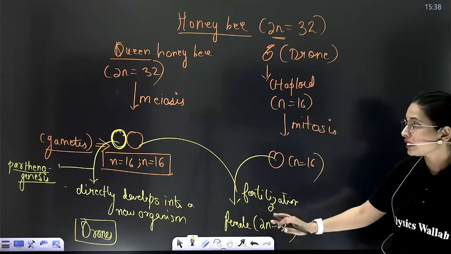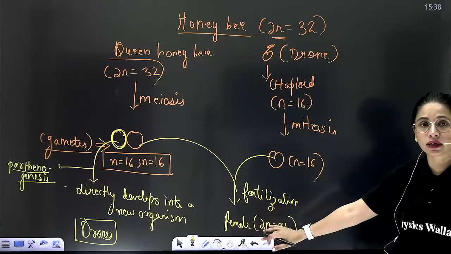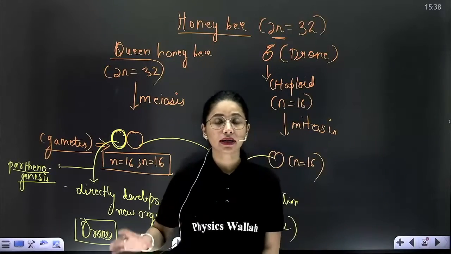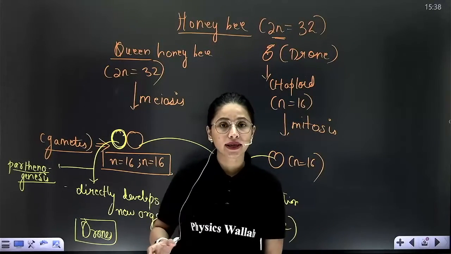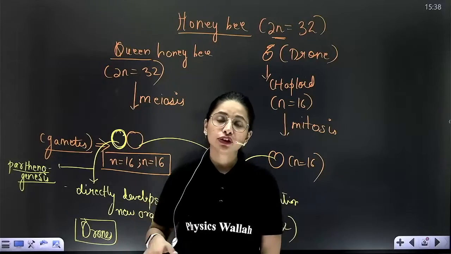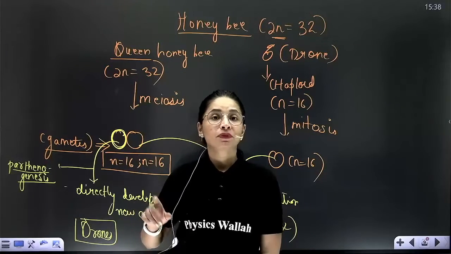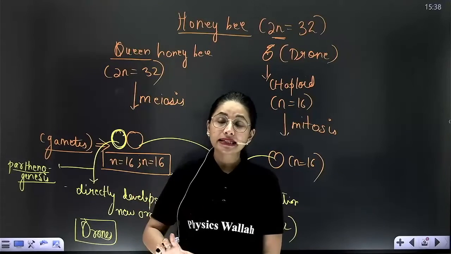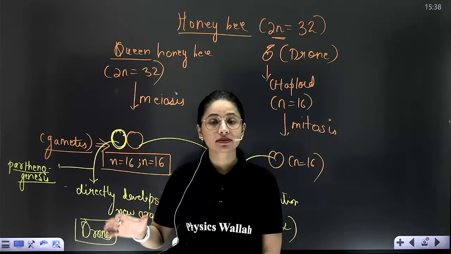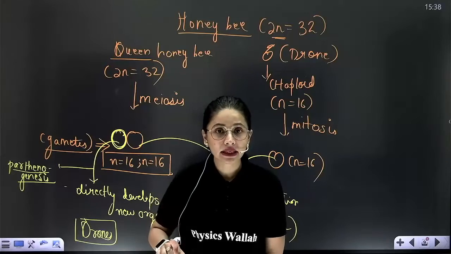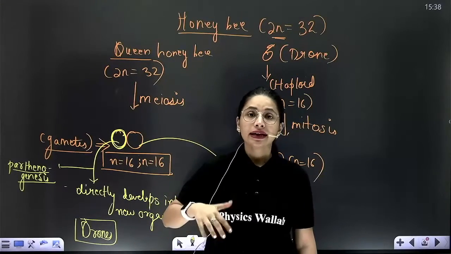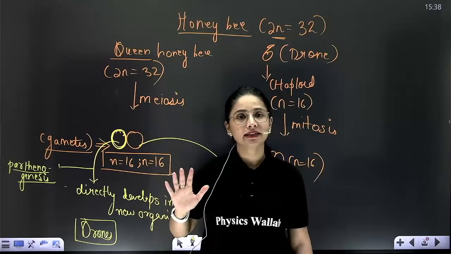So now can you understand why it is known as haplodiplontic? In case of honeybee, sex determination is haplodiplontic because males are haploid in nature, whereas females are diploid. Females develop by fertilization, whereas males develop by parthenogenesis, where the female gamete does not undergo fertilization, rather it develops directly.